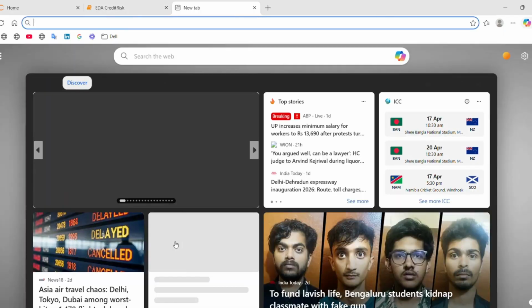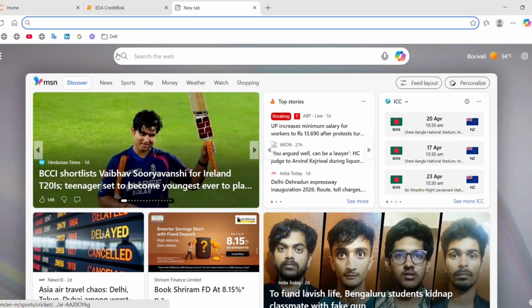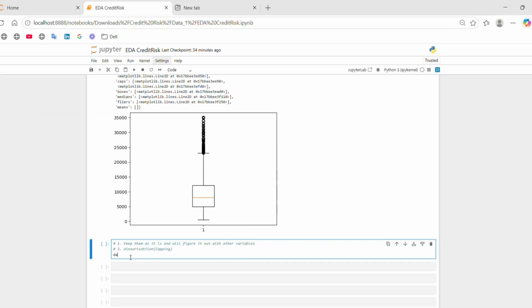How exactly can you do it? First you need to call the variable loan amount, and then you are clipping the upper data, as the outliers are in the upper range.